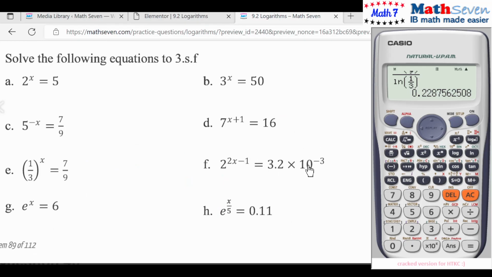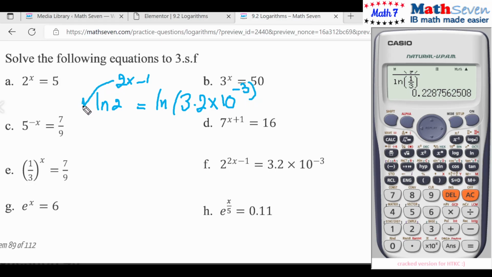Okay, for this question, it's the same thing. Remember it's 10 to the power of negative 3, so you can put that all in brackets. So what does this part become? Let me do it here. It becomes ln 2 to the power of 2x minus 1 equals ln of brackets 3.2 times 10 to the power of negative 3.